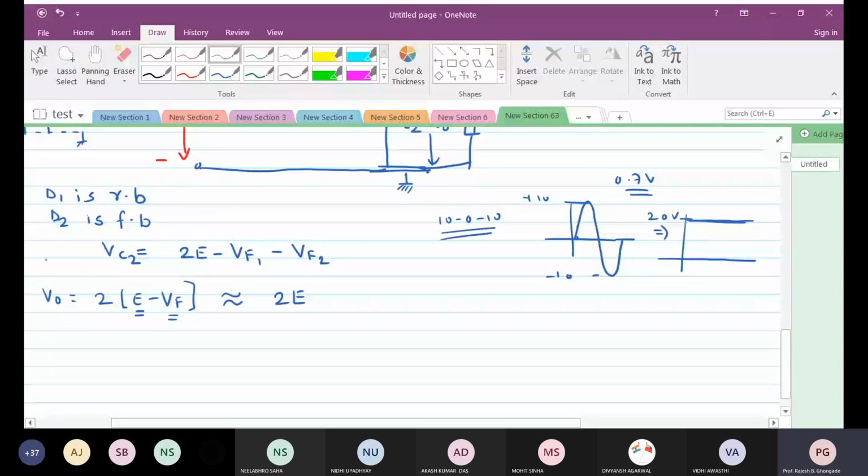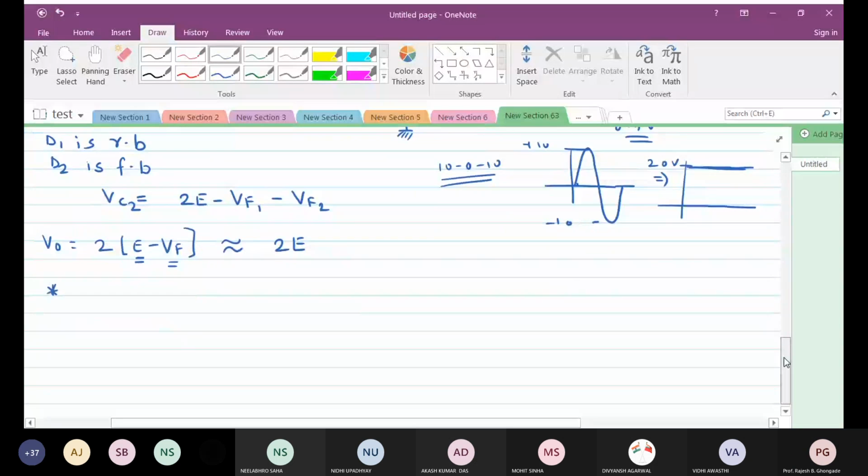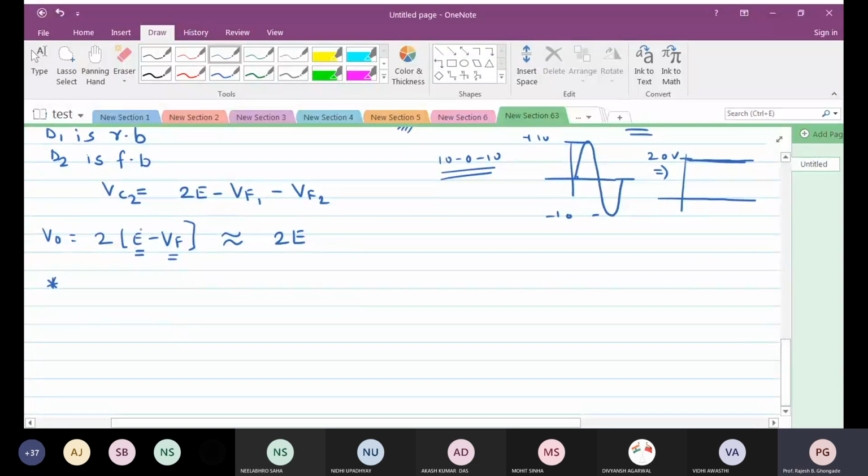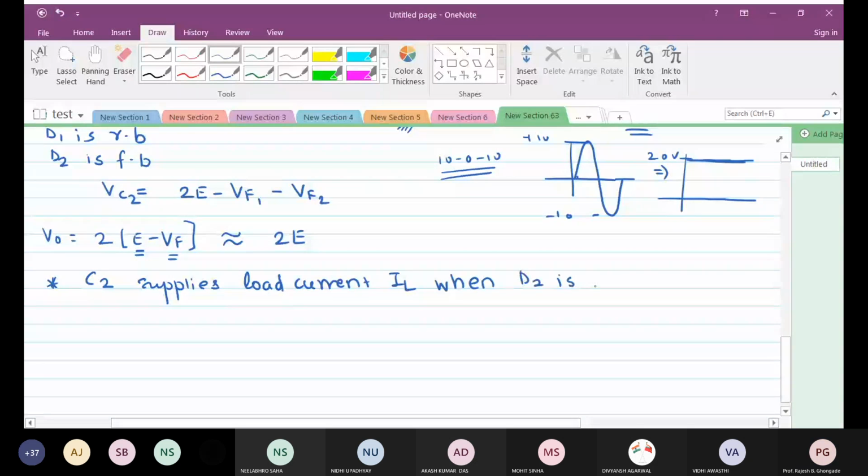So capacitor C2 should take a very important consideration. C2 supplies load current IL when D2 is reverse biased.